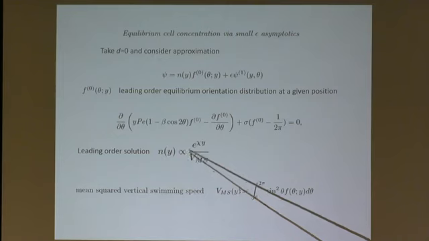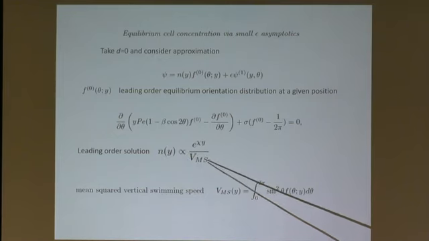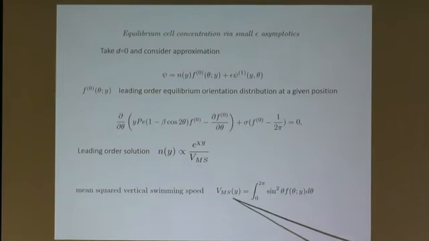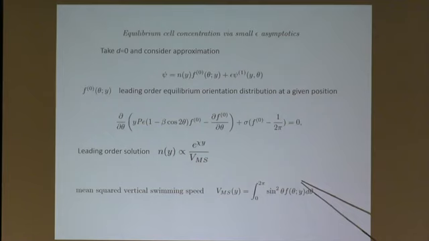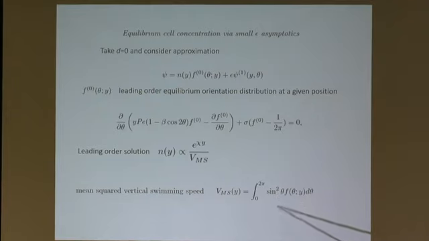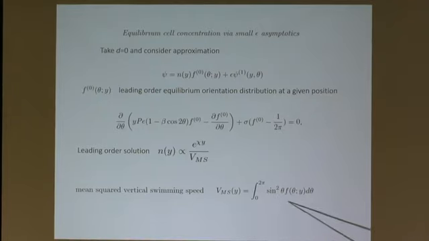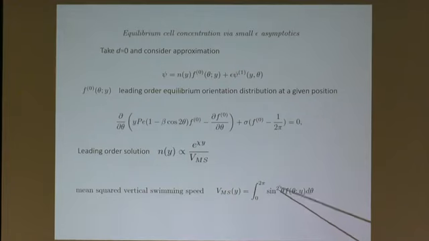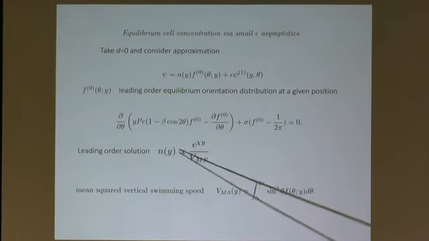But it's also inversely proportional to this quantity VMS, which can be interpreted as the mean squared vertical swimming speed. So F is the cell orientation, and sine theta is the y component of swimming. So the mean squared vertical swimming speed is inversely related to N.